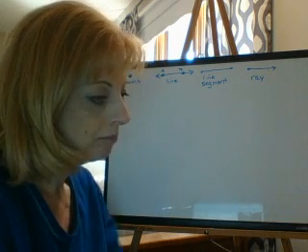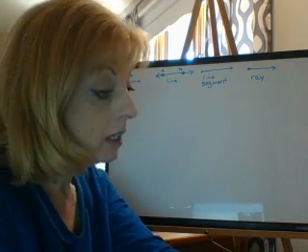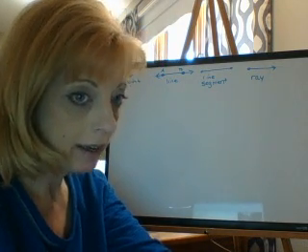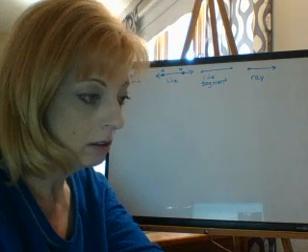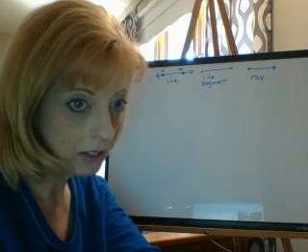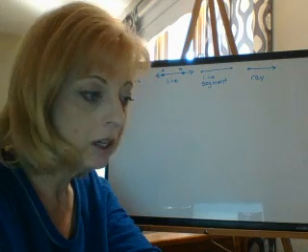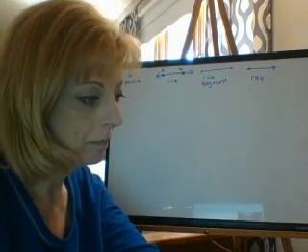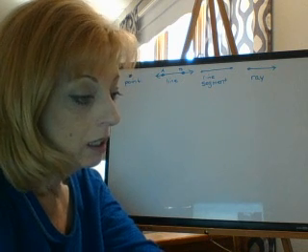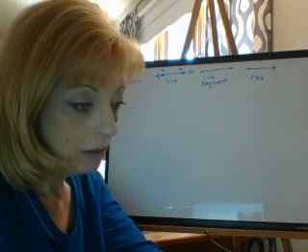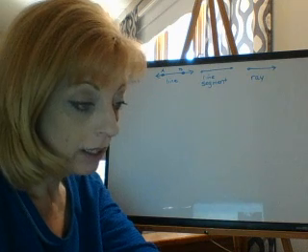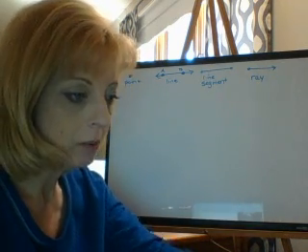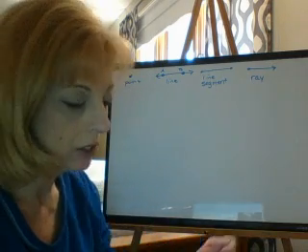So line segment LM and ray JK, we would say those are intersecting because they are crossing each other, but they're not making that plus sign that we talked about. Number 3, line VW and line XY, we would call those parallel because they're both running in the same direction and they're never going to cross.